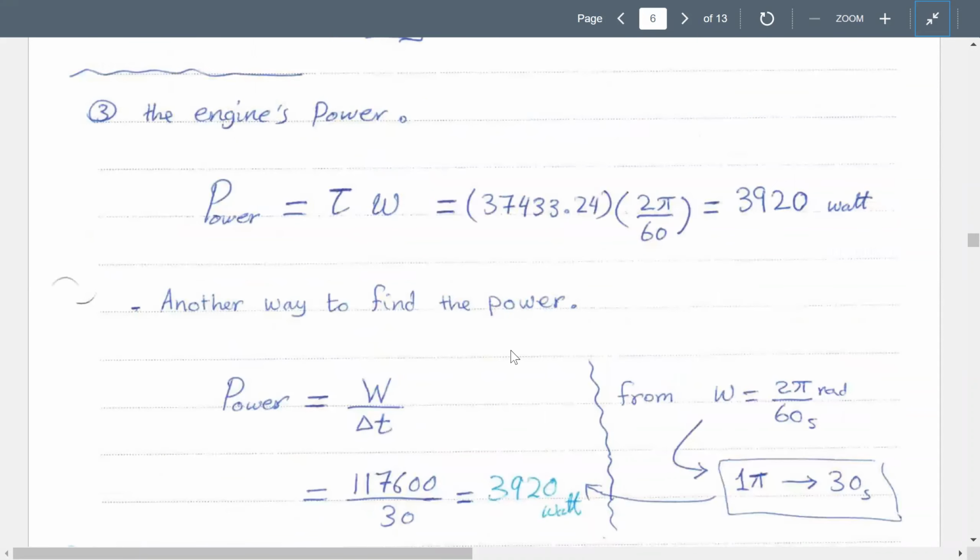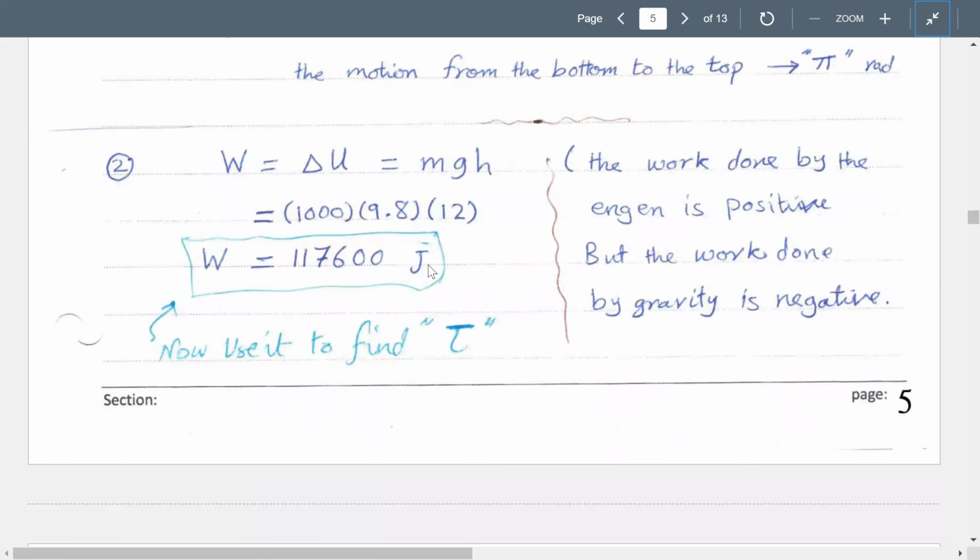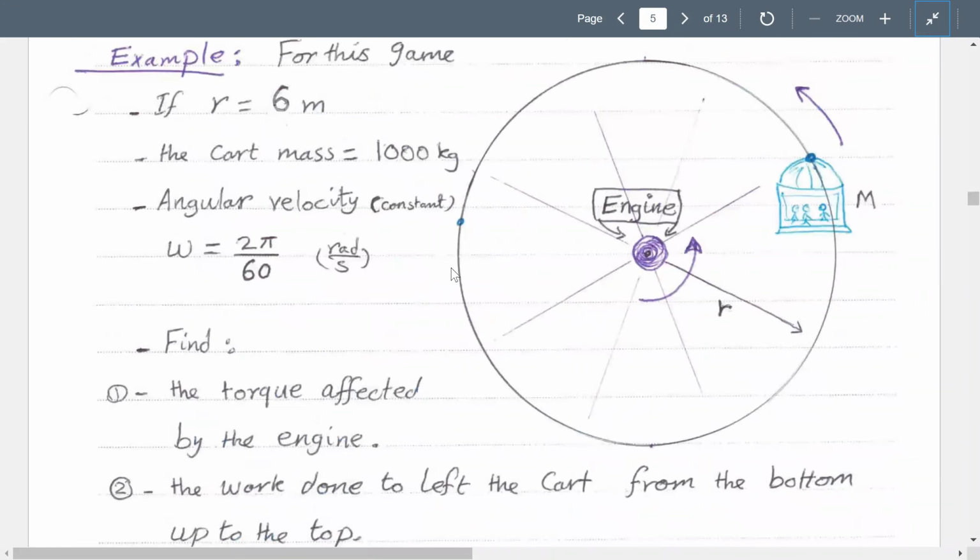Another way to find the power is the work divided over the time period. The work is found, which is 100,000 and something, over the time to move the mass from the bottom to the top. For a full rotation, we need 60 seconds. For half, this is half rotation, we need 30 seconds. We don't need 60 seconds.